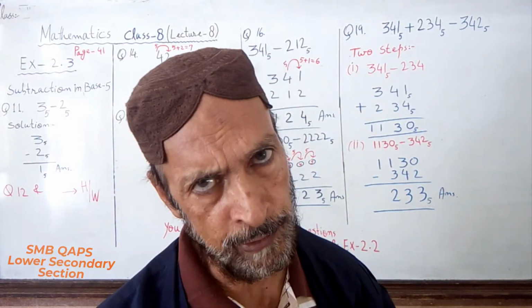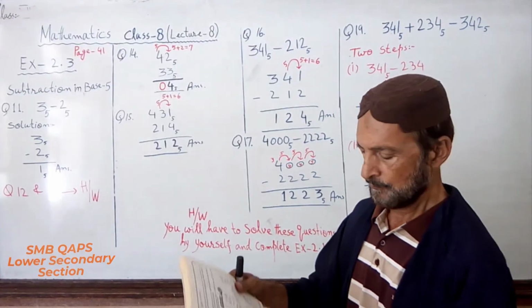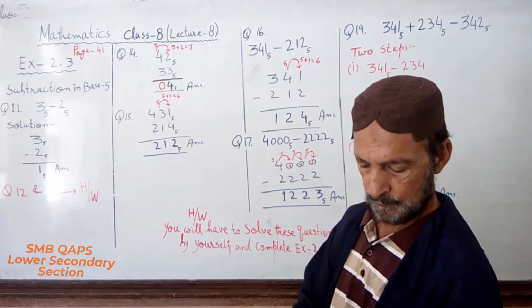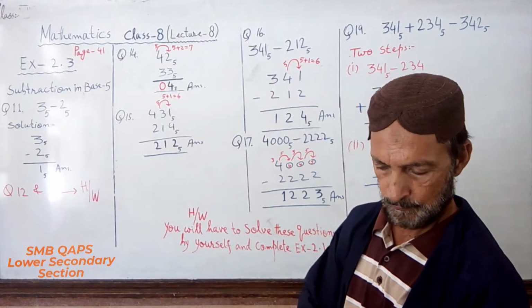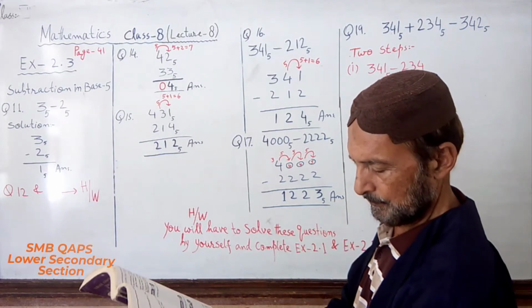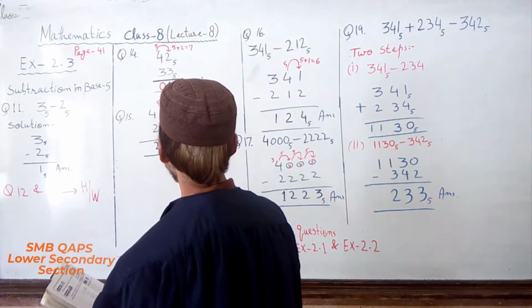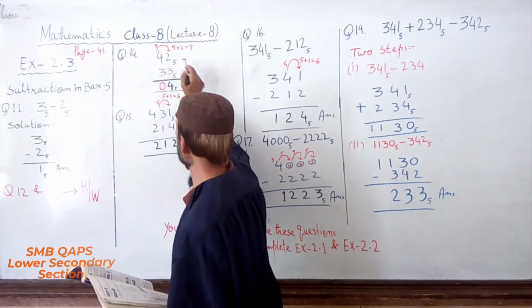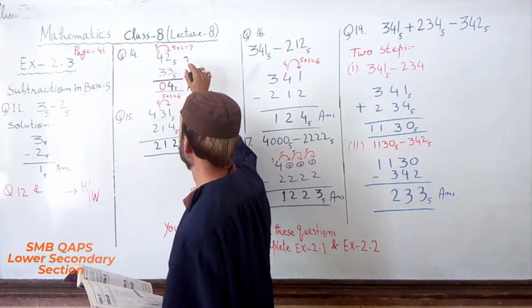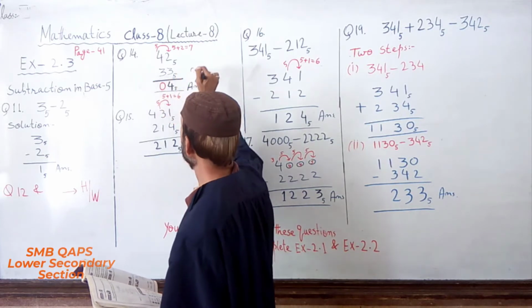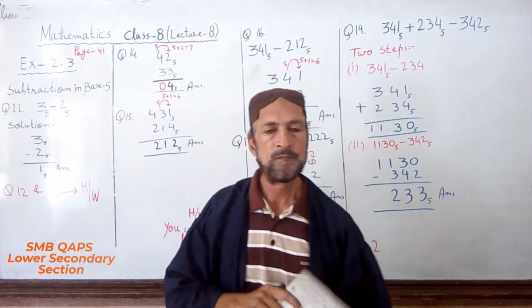Question 14, very important. 42 base 5 minus 3 base 5.